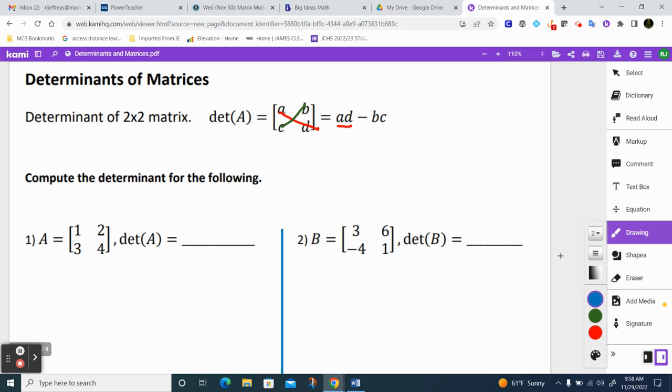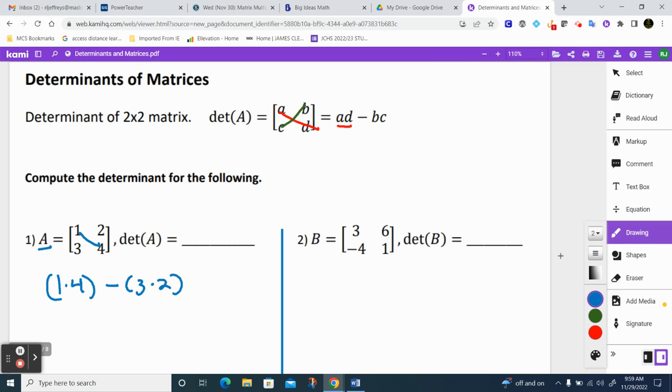If this is our matrix A, we got to say 1 times 4 minus 3 times 2. You could actually put all this in your calculator at the same time. Unfortunately, I can't show you right now because my webcam decided to not work today.